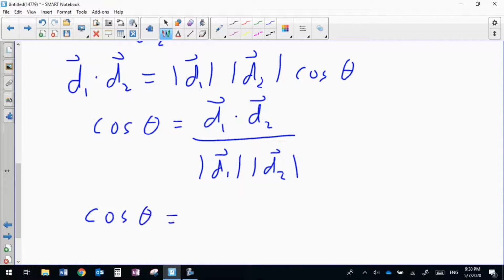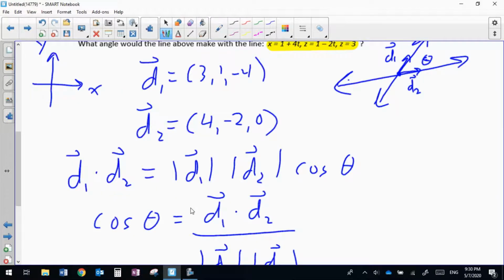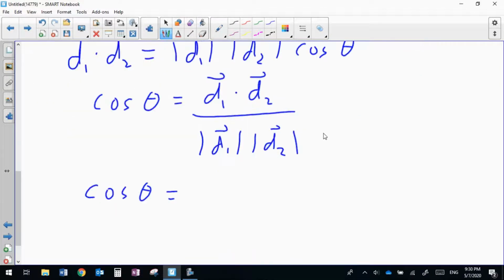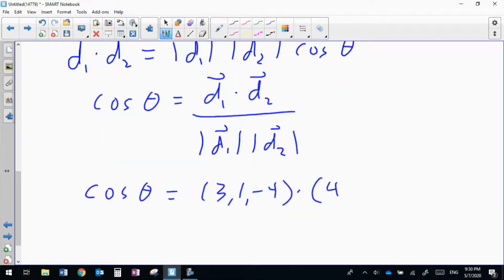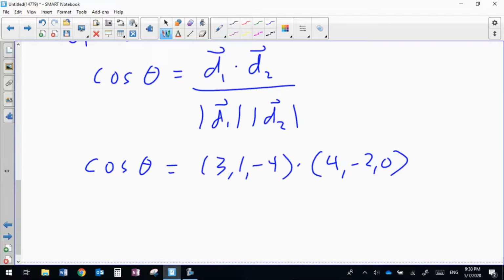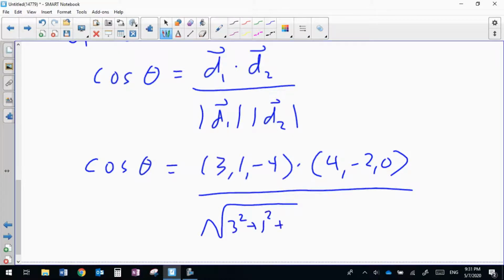and then finding the dot product. So dotting the two vectors together, 3, 1, negative 4, we haven't seen the dot product in a while, dotted with 4, negative 2, 0, divided by their magnitudes. Okay, so the magnitude of d1, 3 squared plus 1 squared plus negative 4 squared, and d2, 4 squared plus negative 2 squared.